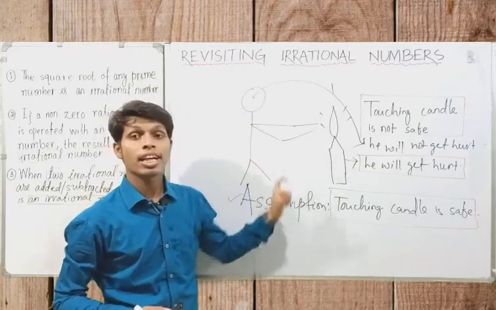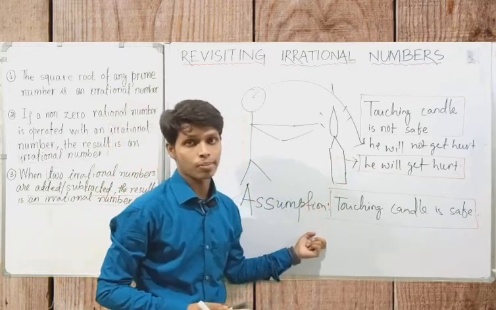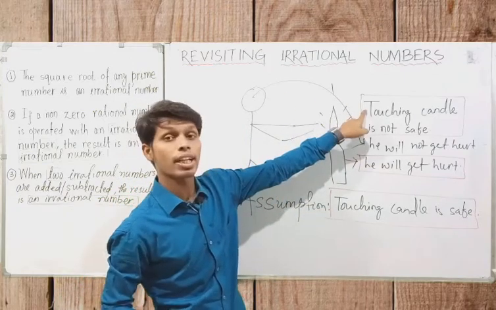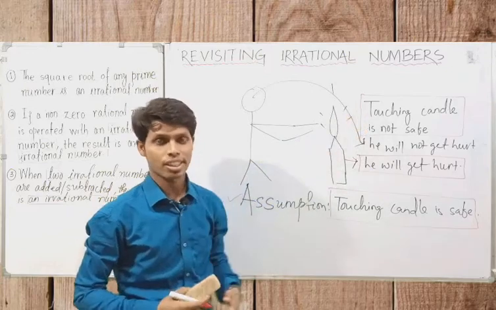Then you will realize that all these contradictions have arisen due to our wrong assumption, and if our assumption is wrong, then the original statement, whose opposite we had taken to be true, is correct.